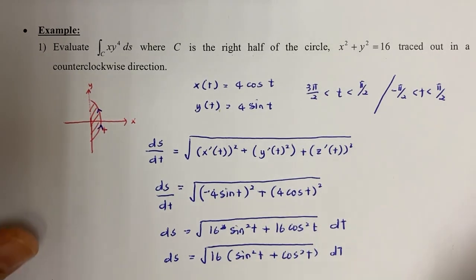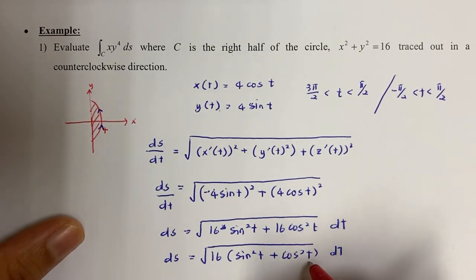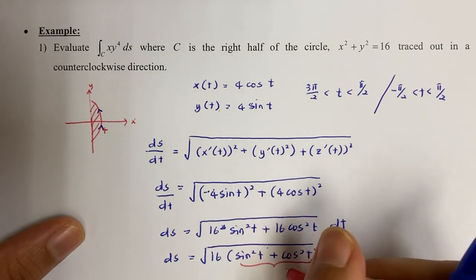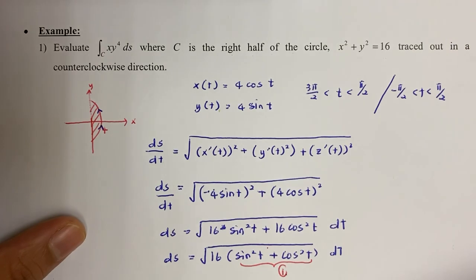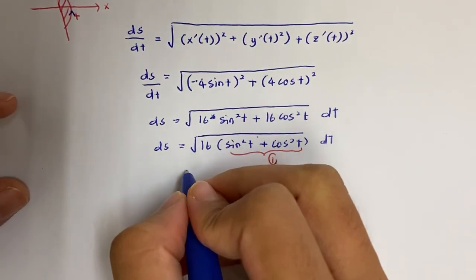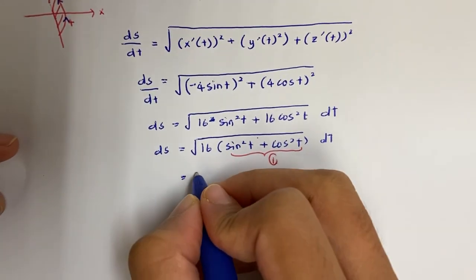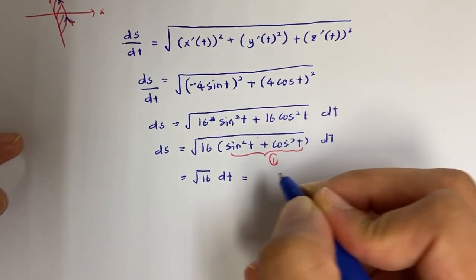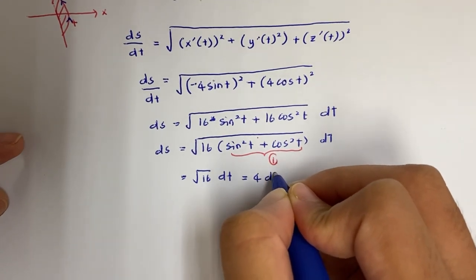And from the trigonometric identity, sin square t plus cos square t is equal to 1. So your ds is equal to square root of 16 dt, and square root of 16 is 4, so ds is 4 dt.